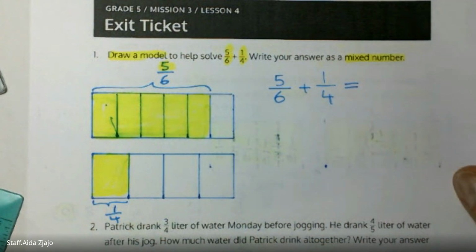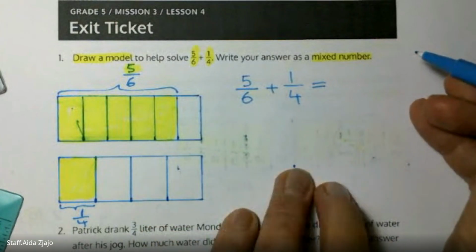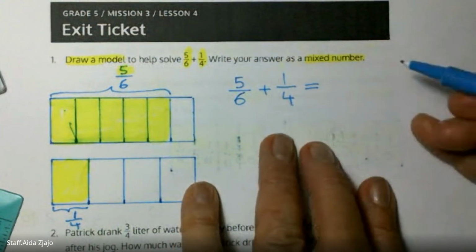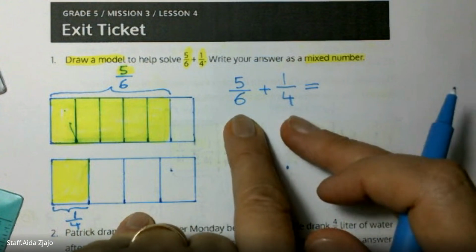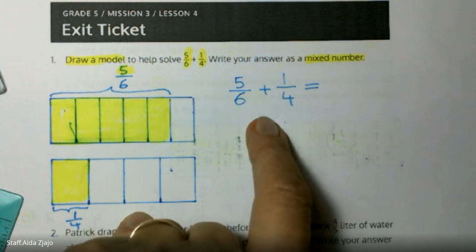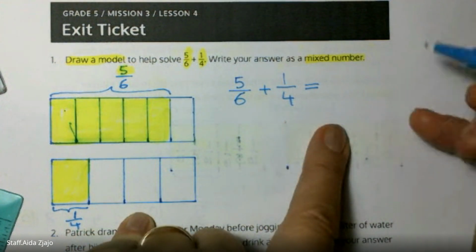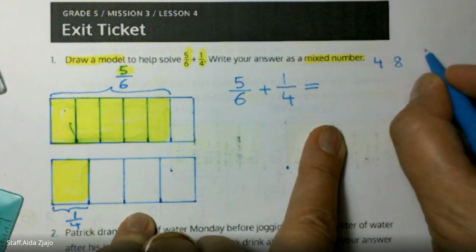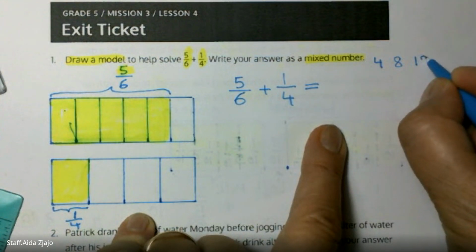I need to find the least common denominator. How can I find a number that I can create multiplication facts for? 6 times what is that number, and 4 times what is the same number. I can list my multiples. 1 times 4 is 4, 2 times 4 is 8, 3 times 4 is 12.